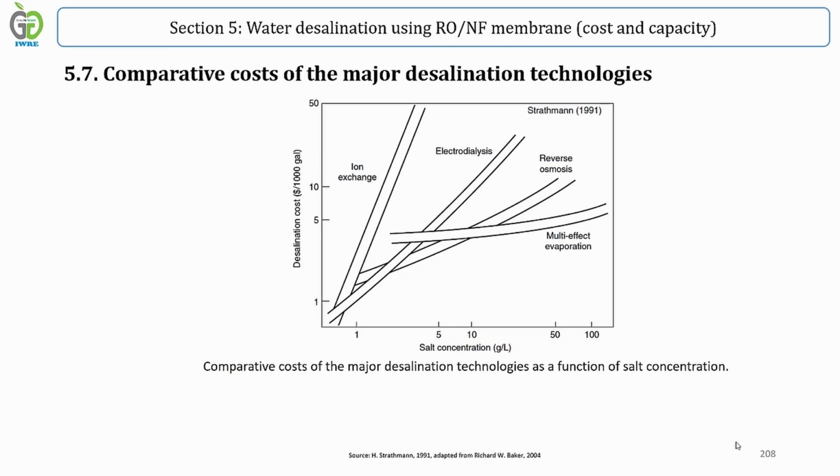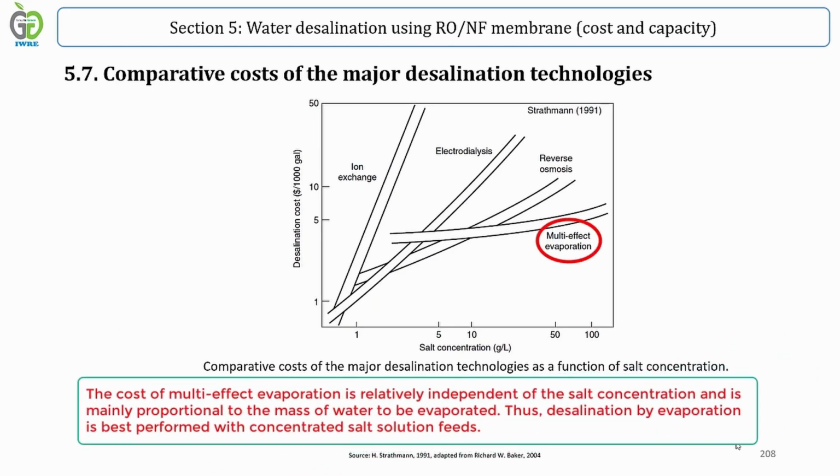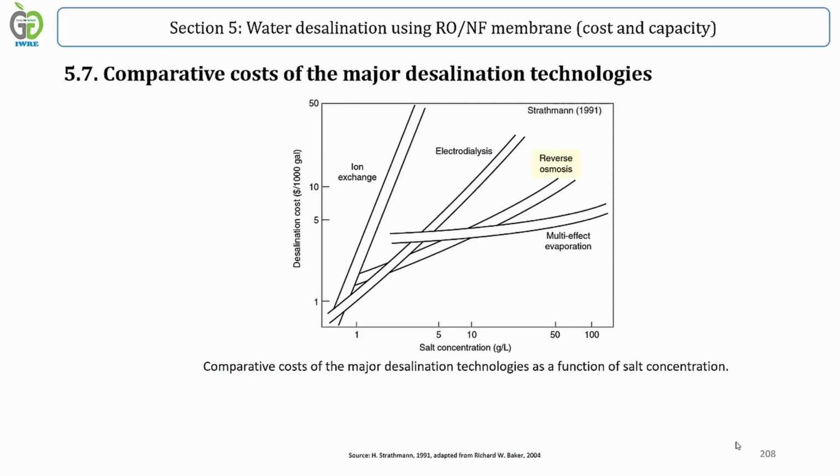On the other hand, the cost of multi-effect evaporation is relatively independent of the salt concentration and is mainly proportional to the mass of water to be evaporated. Thus, desalination by evaporation is best performed with concentrated salt solution feeds. Reverse osmosis costs increase significantly with salt concentration, but at a lower rate than electrodialysis does.